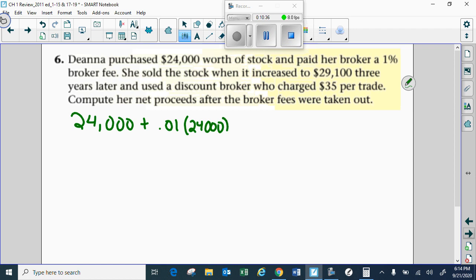That's how much she had to pay to get in. And then she sold it. So let's just do that. That's moving the decimal over two places, so it's $240. So $24,240.